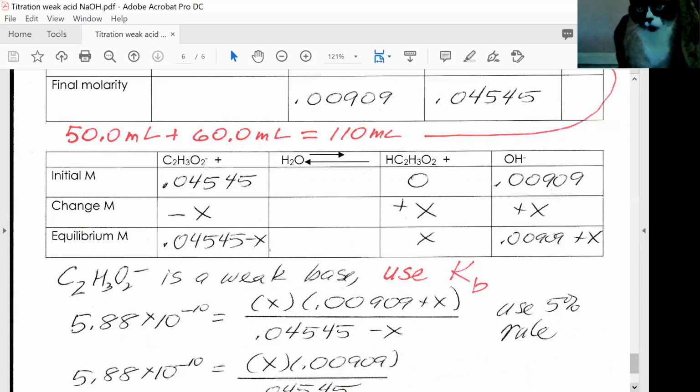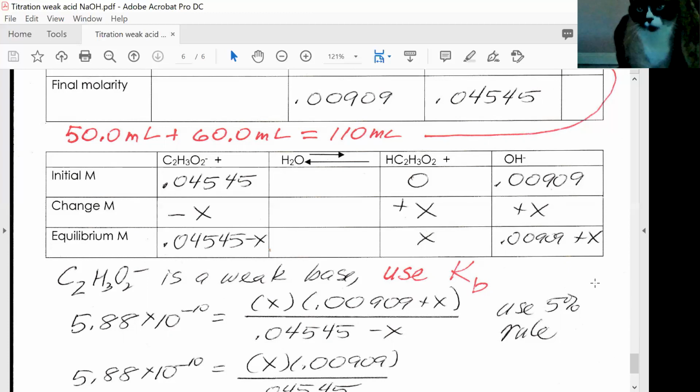So acetate is a weak base reacting with water. We get a conjugate acid of acetic acid and hydroxide. So the 0.00909 is our hydroxide, so make sure you put that in the right place. Our 0.04545 is our molarity of our acetate.